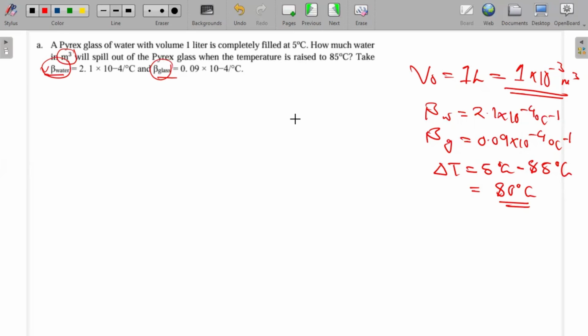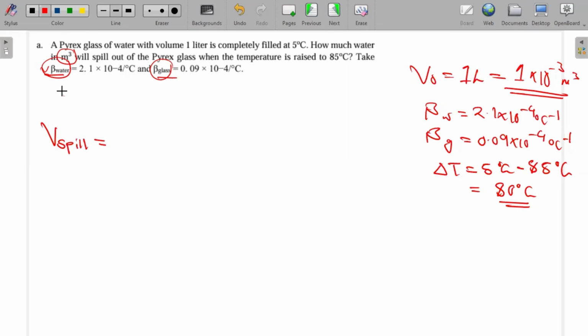So since our volume of spill is going to depend entirely on the difference between these two, we're going to come up with a single formula that is going to give us the volume that is going to spill out of the glass. We're going to say our volume of spill will be equal to what?